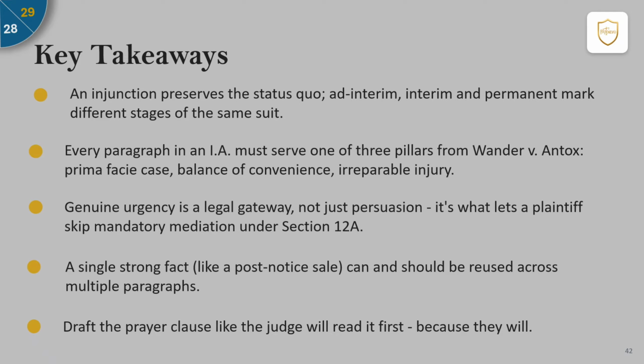It is a legal gateway through which the plaintiff skips mandatory mediation entirely. And then we studied that a strong paragraph of facts can and should be reused across multiple paragraphs. And we also studied that you draft the prayer clause as though the judge will read it first, because very often, the judges do read it.